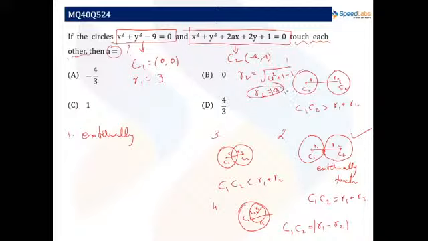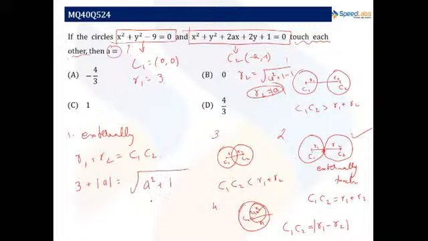Let's say mod of A means positive value of A. Now, when they both will touch each other externally, then R1 plus R2 will be equals to C1 C2. R1 is 3 plus mod A equals to C1 C2.